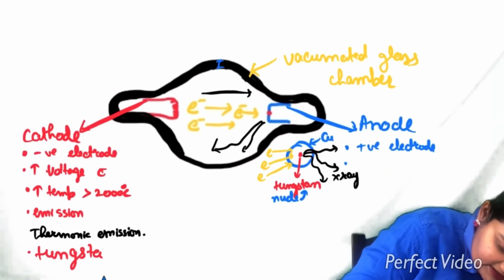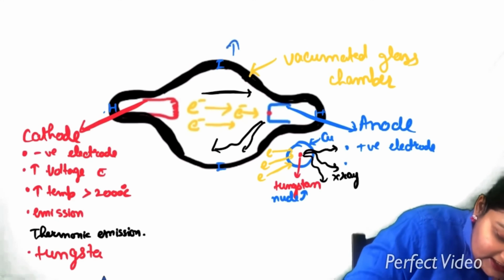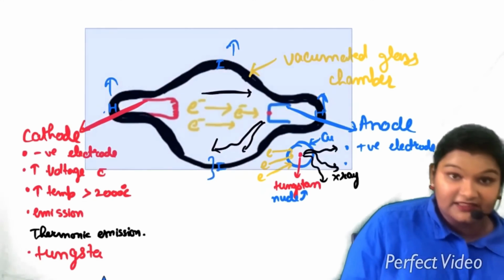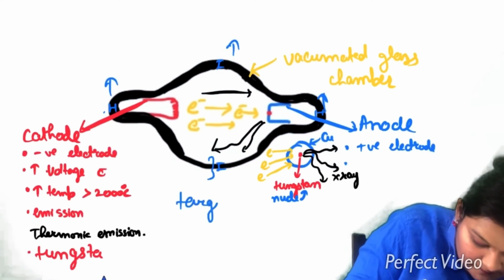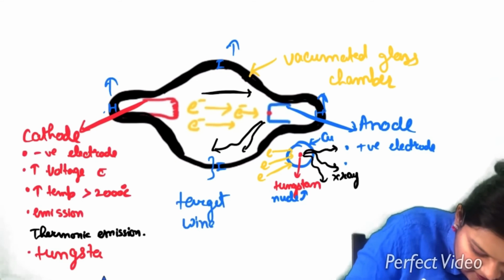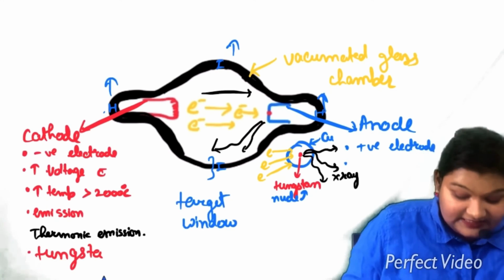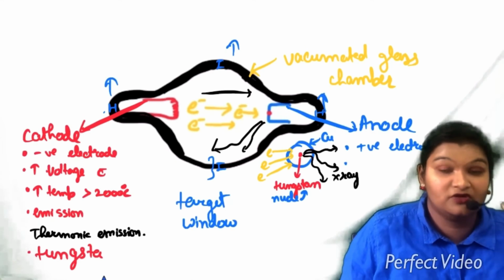See, this thickness, this thickness, and this thickness are more, and this is a thin one. This thin thickness at the bottom is the target window. It is also made up of glass, and from this target window, X-rays are coming out, or the X-rays escape.